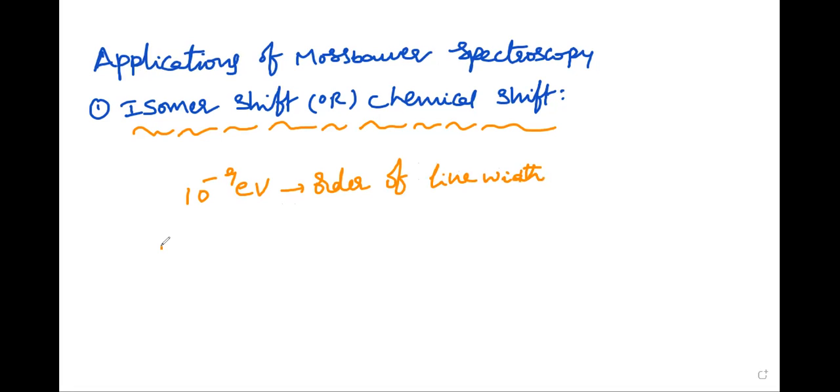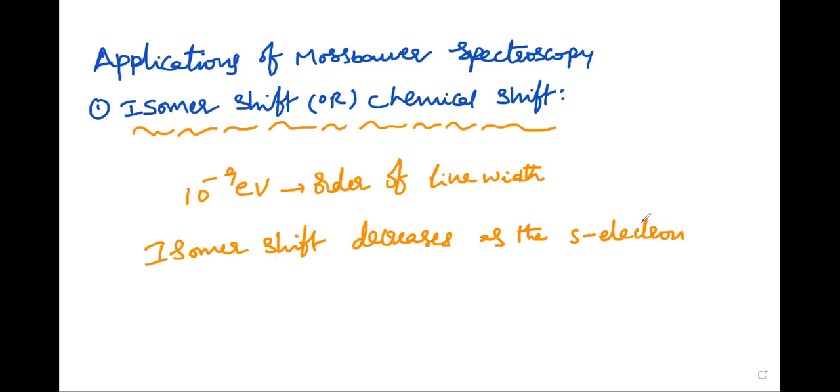Generally, the isomer shift decreases as the s electron density decreases, and hence as the oxidation state increases.